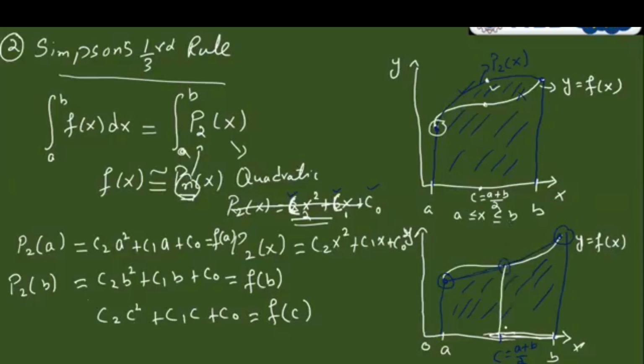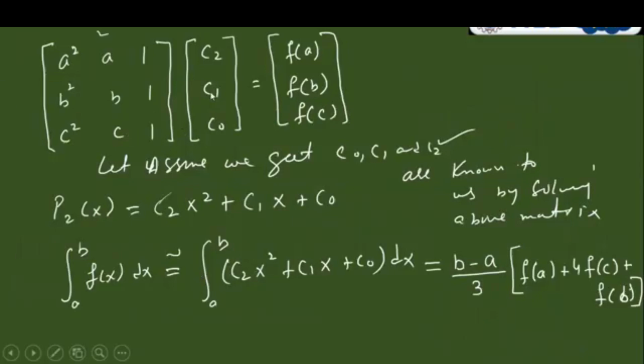So we try to match the points. Now we are not sure the blue curve will match the white curve entirely. It is possible if the white curve is a quadratic, but if not, then it will at least match the white curve at the 3 points: lower limit, upper limit, and the midpoint. This gives us three conditions, and these conditions lead to a matrix of 3 by 3, where C0, C1, C2 are unknown, and this is known to us, and this is known to us.